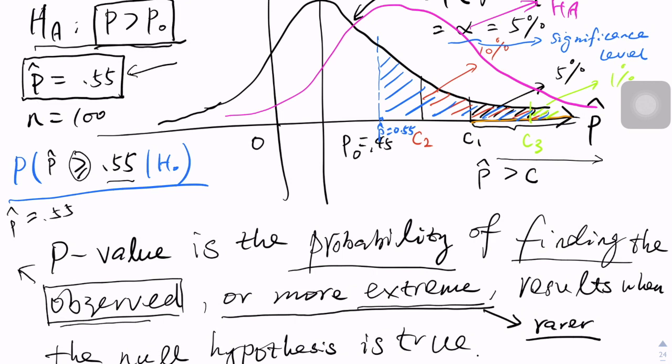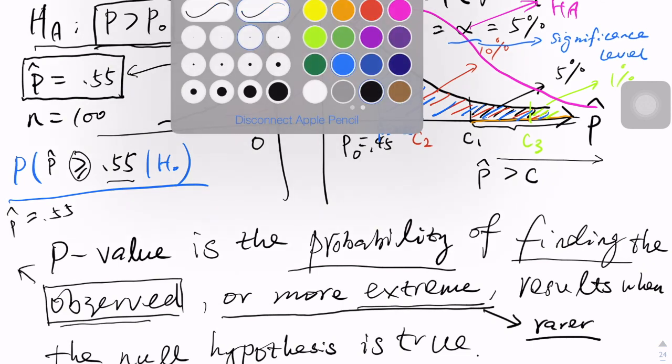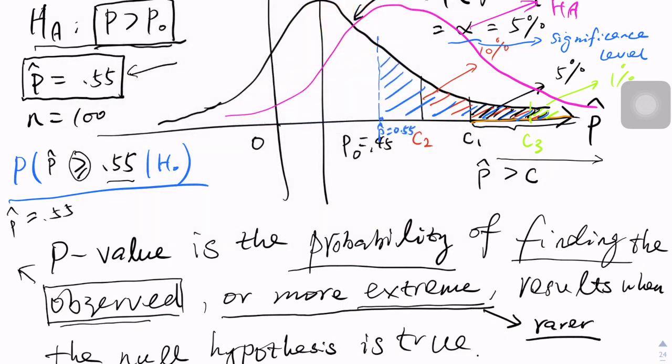Say if you want your significance level to be 5%, that is alpha is equal to 5%, you need to take care of the black area. So you need to compare the black area to the blue area and see which one is bigger. If the blue one is bigger, you fail to reject the null hypothesis. If the black one is bigger, you reject the null hypothesis.